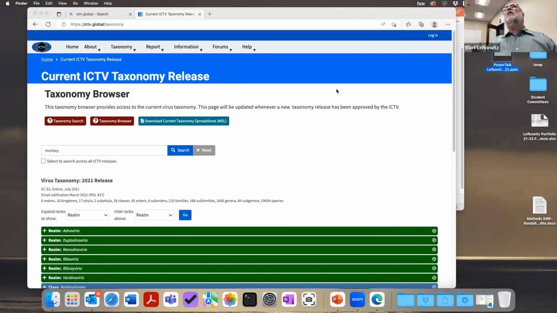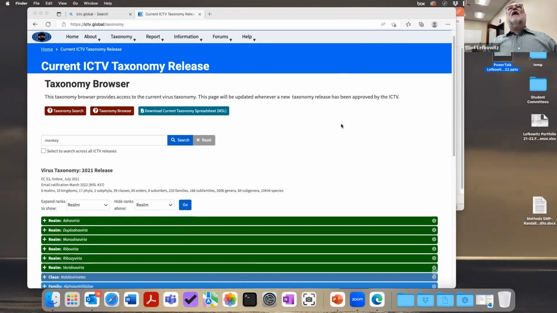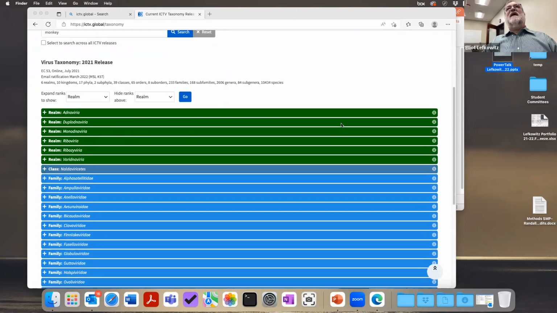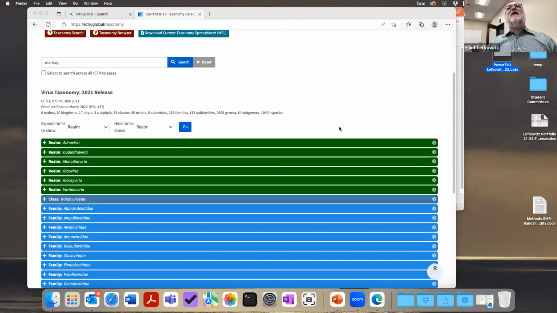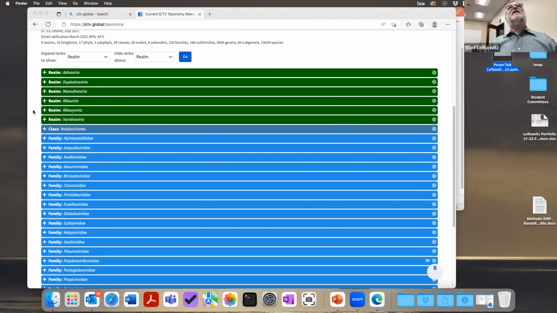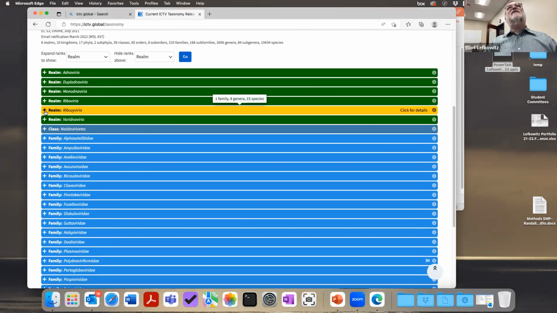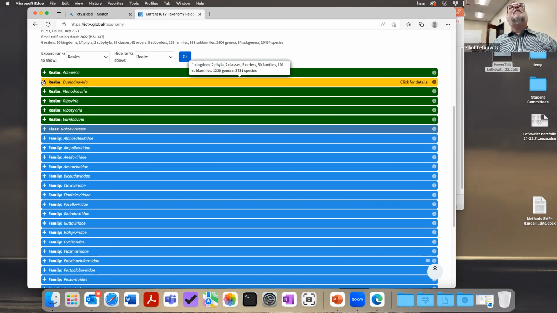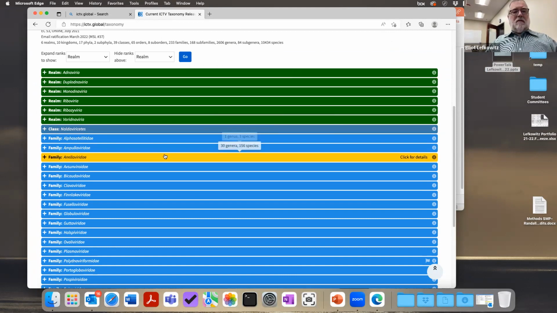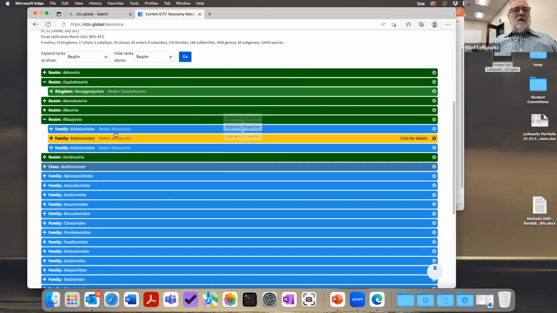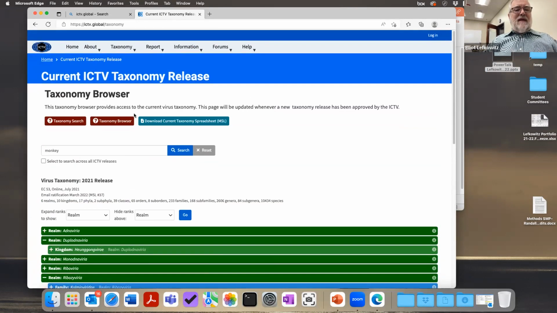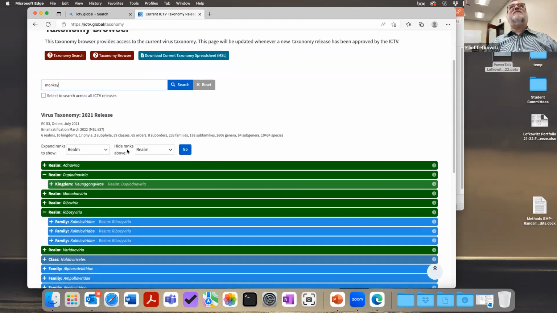Okay, good. So what I was going to say is, here's the taxonomy browser that allows you to drill down, and you can open any of these and start to see what taxa might be present. But it's hard to memorize what all these upper level taxa are.